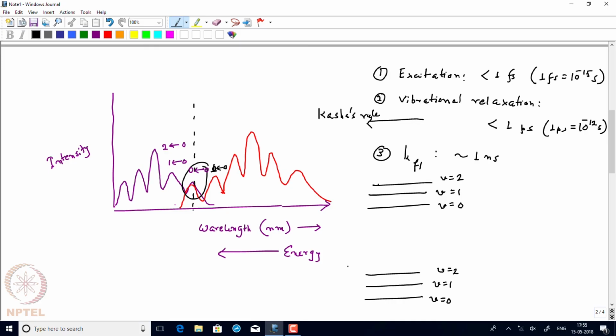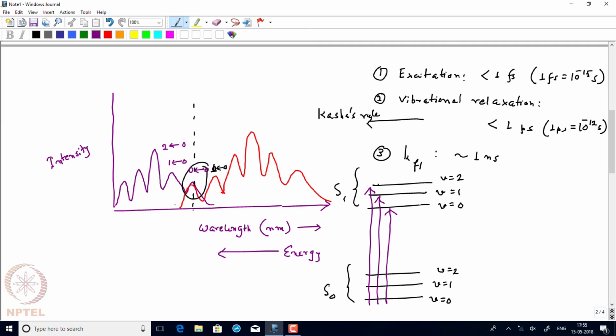And all these levels are from the S0 level, all these levels are from the S1 level, and then we had vertical transitions arising from V equal to say 0 to 2, 0 to 1, 0 to 0, because everything actually starts from here, and then there is a rapid relaxation to V equal to 0.